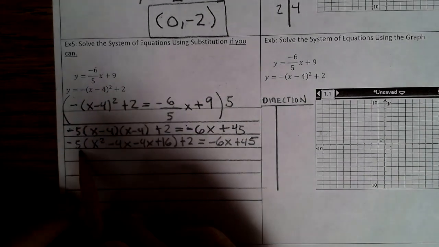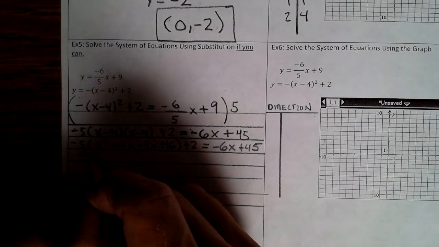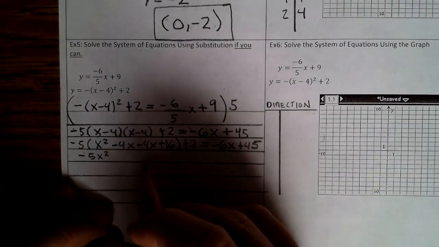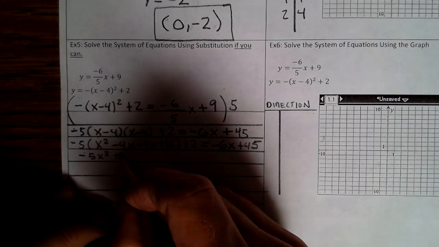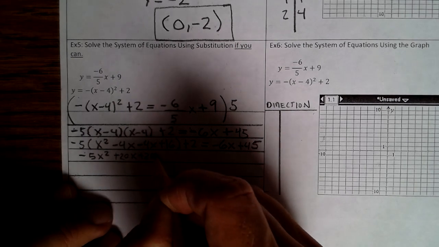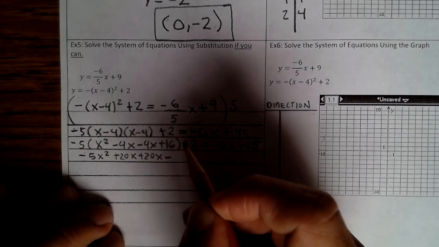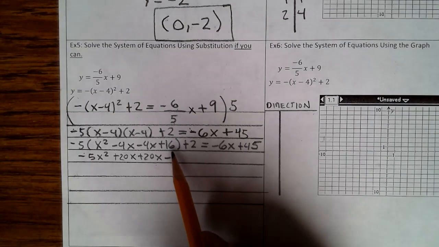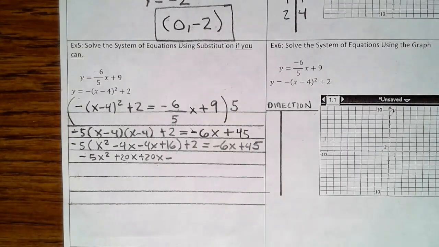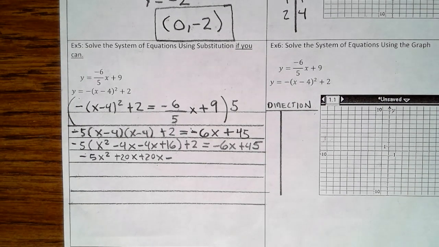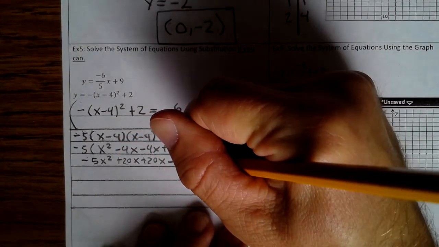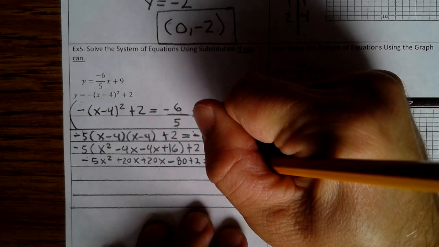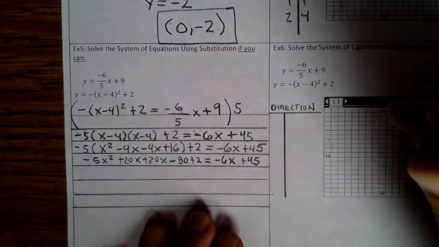Now we need to multiply everything by negative 5, so that's negative 5x squared plus 20x minus, I'm going to grab a calculator just to make sure I multiply that correctly. Negative 5 times 16 is negative 80. Plus 2 equals negative 6x plus 45.